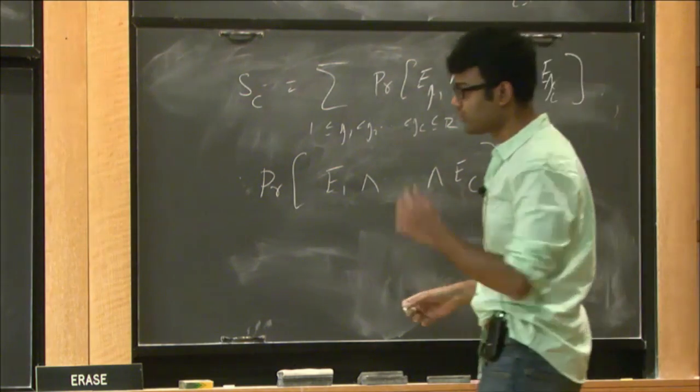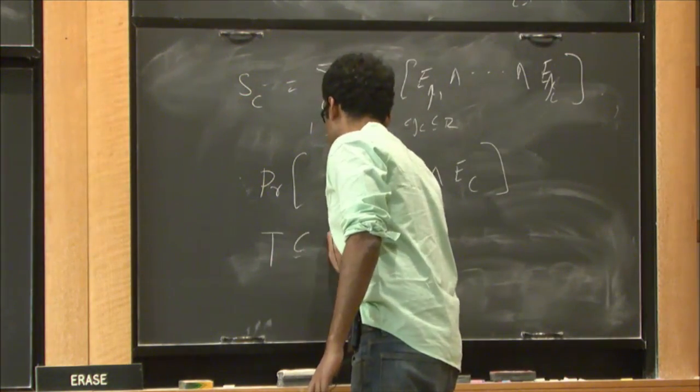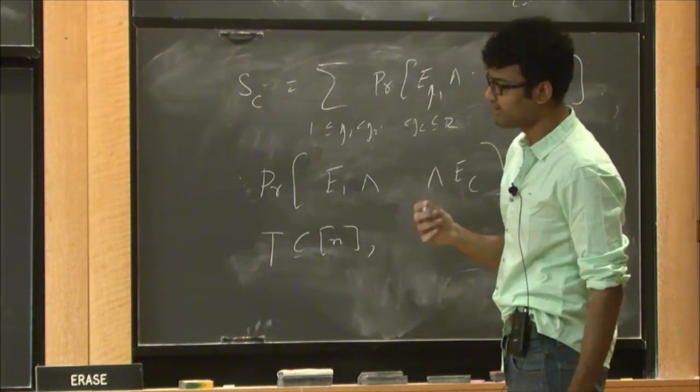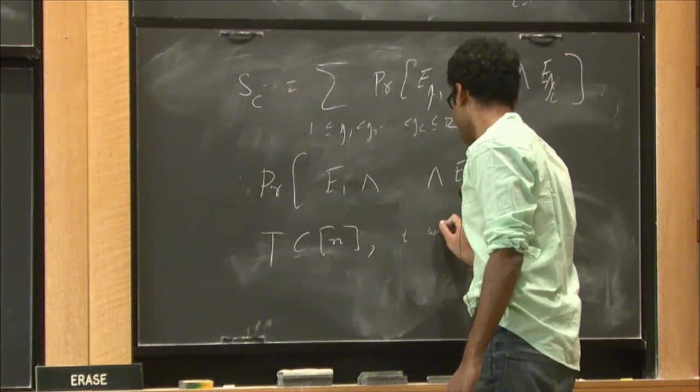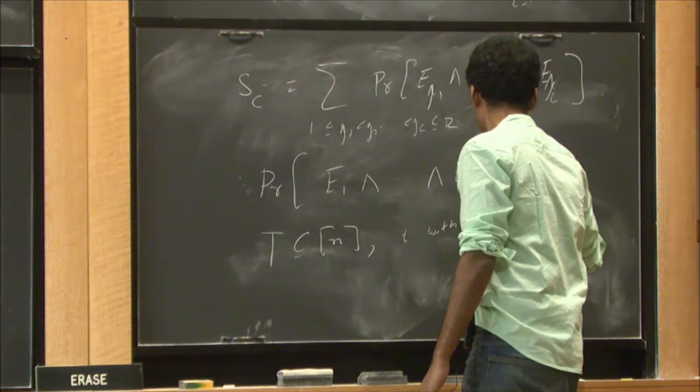So what we could think of is picking a set T, a subset of N, where each element in T is picked with probability 1 minus P1.